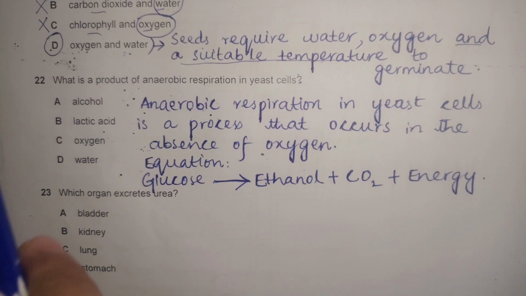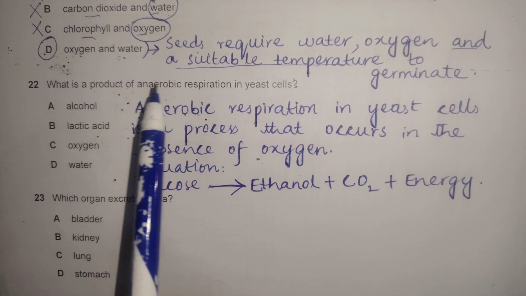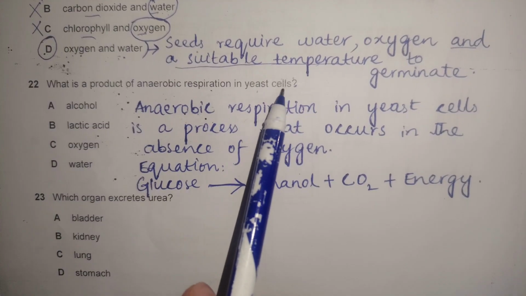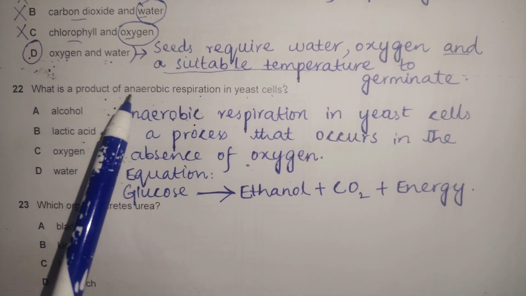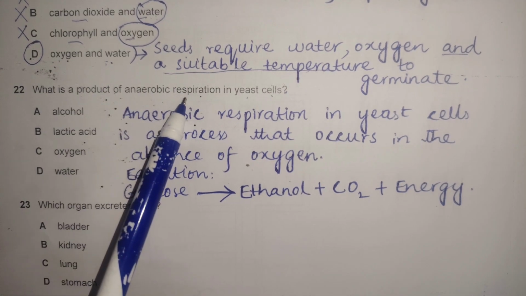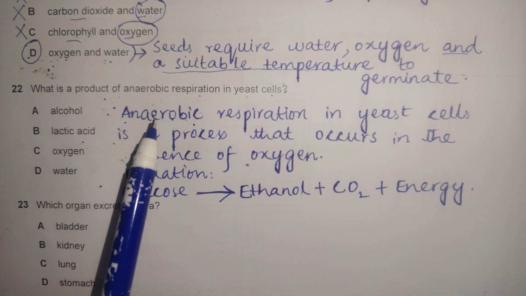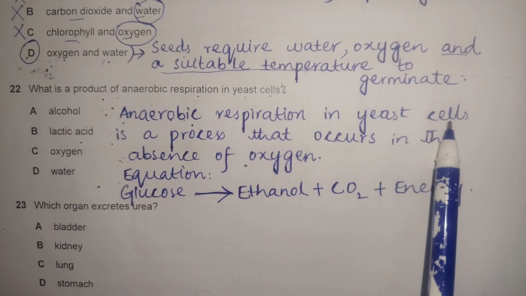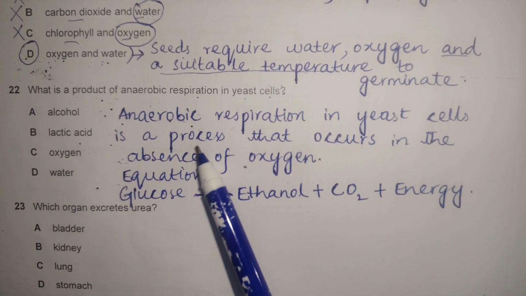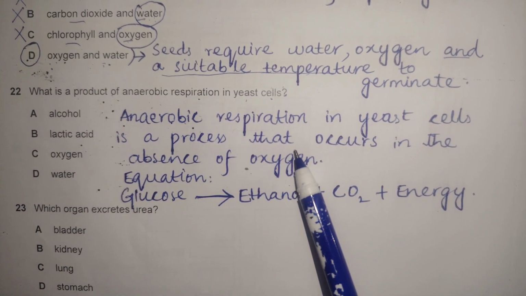We have the 22nd question. The question is, what is a product of anaerobic respiration in yeast cells? Dear students, this is anaerobic respiration. Here I have written short notes for you. Anaerobic respiration in yeast cells is a process that occurs in the absence of oxygen.